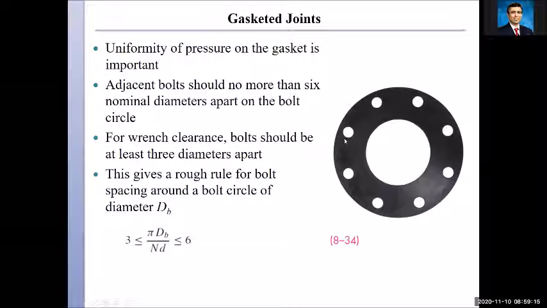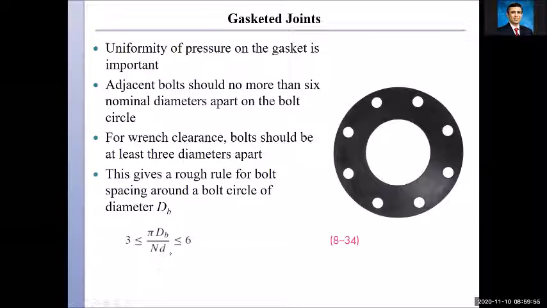to allow me for wrench clearance. So this is going to give us a rule that pi dB divided by n, where this dB is the bolt circle of a diameter dB. So the diameter here, uppercase D, is this diameter, and the lowercase d is the nominal diameter of the bolt.